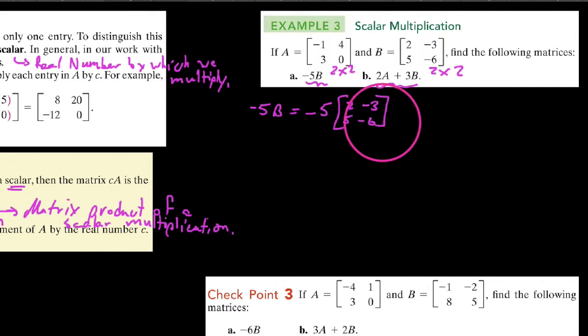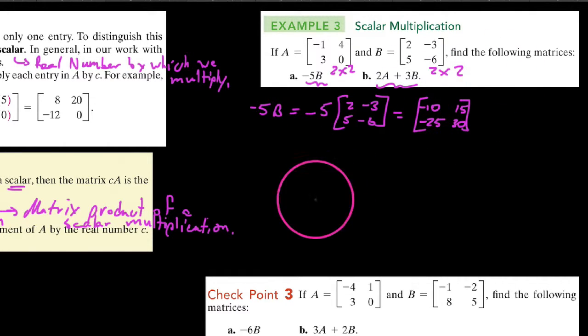Essentially, we're just going to multiply all of our entries by negative 5. So all of our entries are going to become opposite signs, and they're going to be scaled up by a factor of 5. We get a negative 10 here, a positive 15 here, a negative 25 here, and last but not least, a positive 30 here.